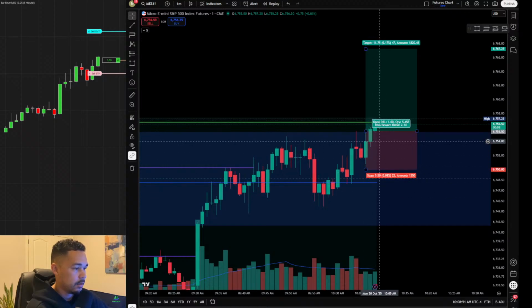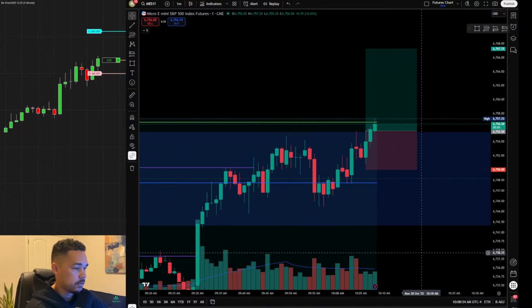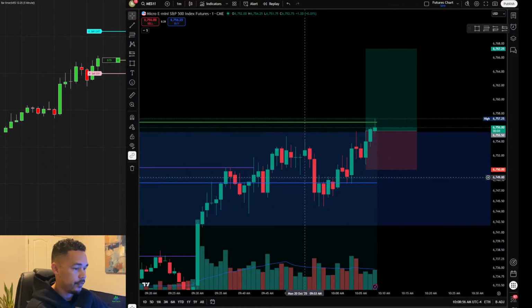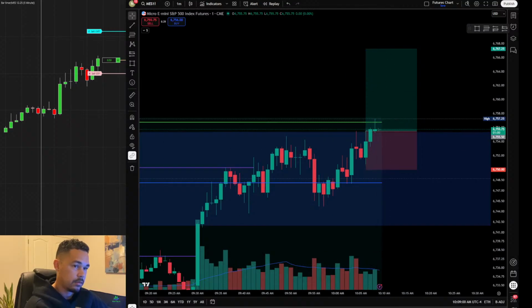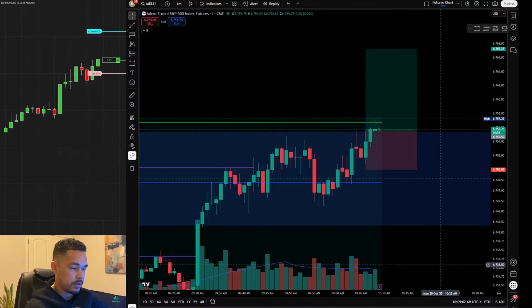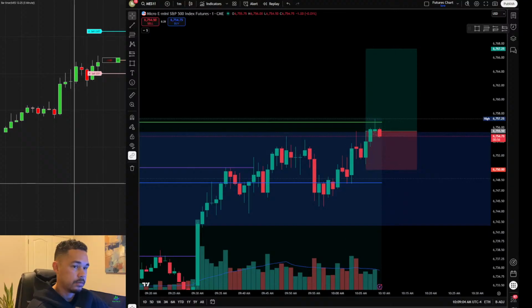because we are breaking this resistance level. We consolidated, retested, nothing happened. So let's see if we can get this buy opportunity.